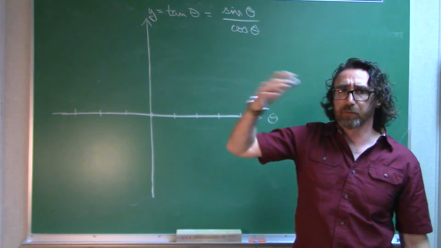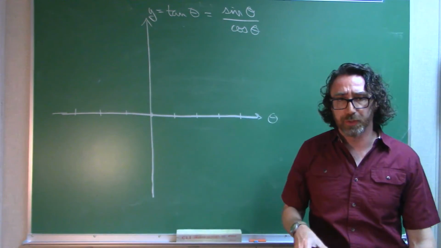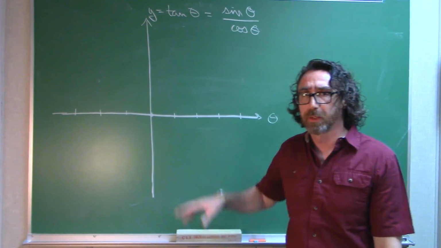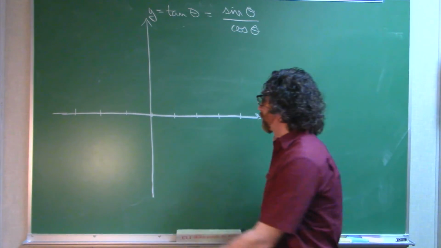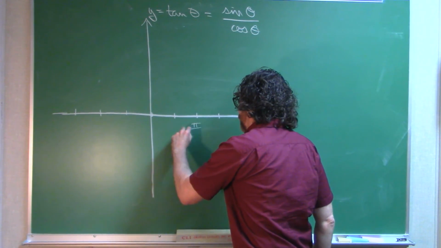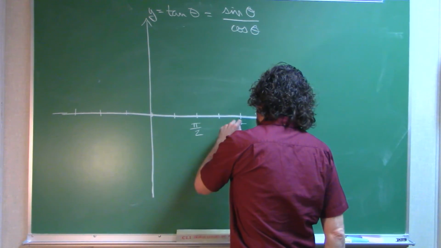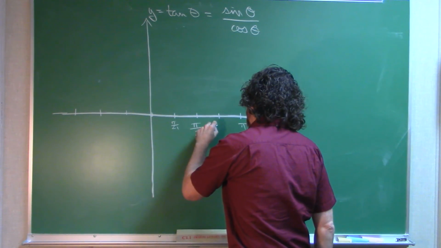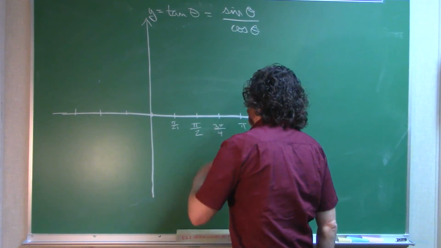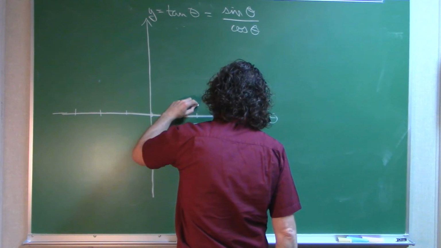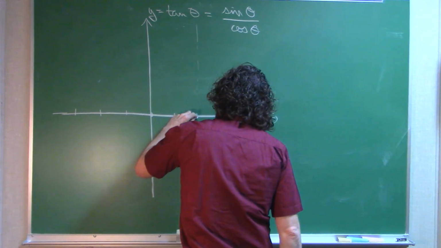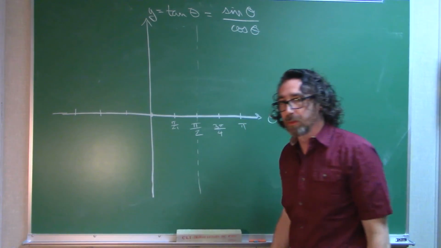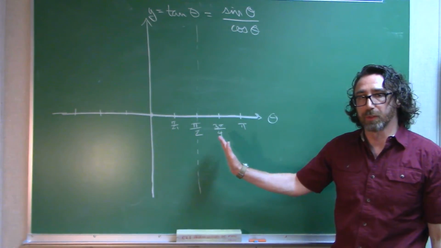Well, whenever you have this division, you got to be a little bit careful. You got to make sure you don't divide by 0. Cosine can be 0, and cosine is 0 when theta equals pi over 2. So the tangent function would in fact be undefined when theta equals pi over 2.